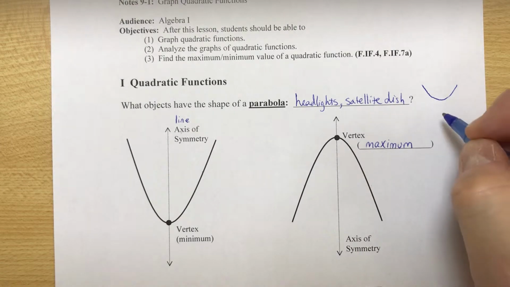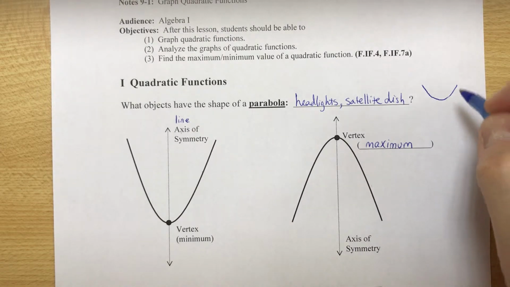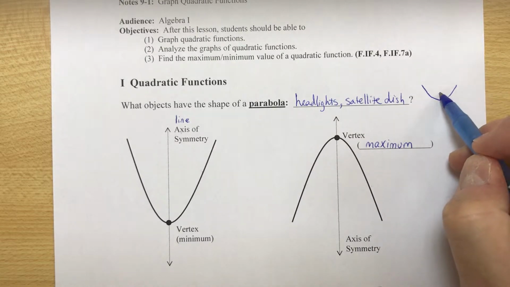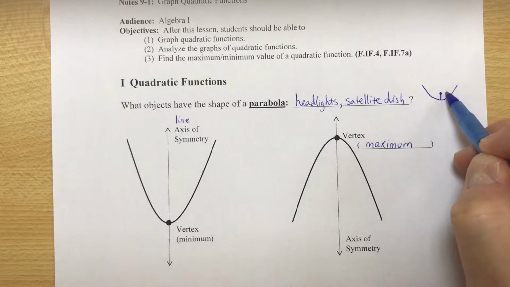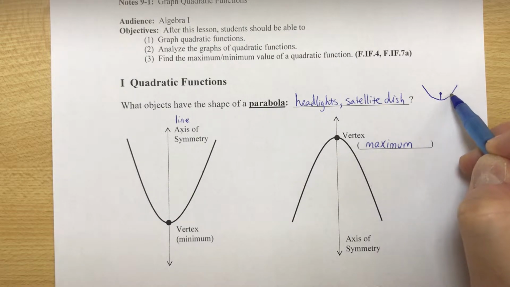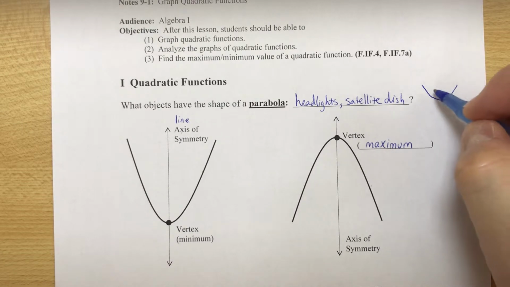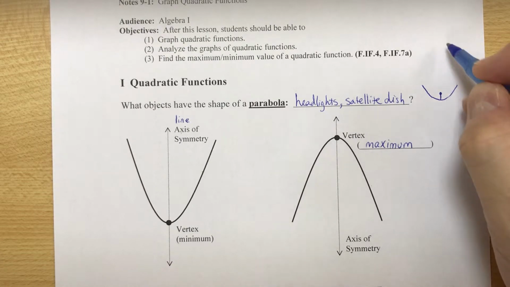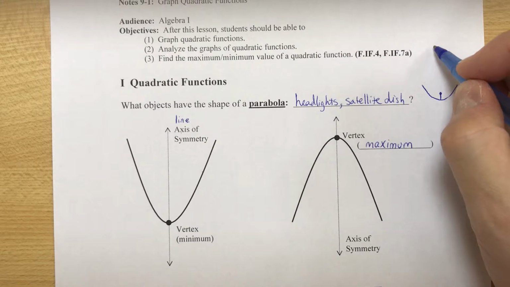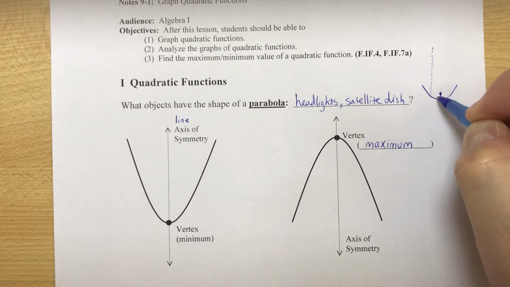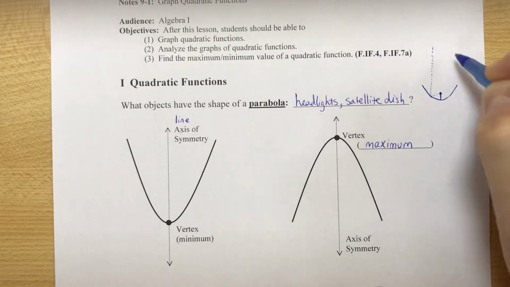And the reason is, another piece of a parabola is there's a fixed point here where this point is equidistant to the other points on the parabola. If you take a satellite, for example, what a satellite is doing is it picks up a radio wave or a television wave, something like that. And where it hits the dish, it's going to bounce and reflect to this point right here.